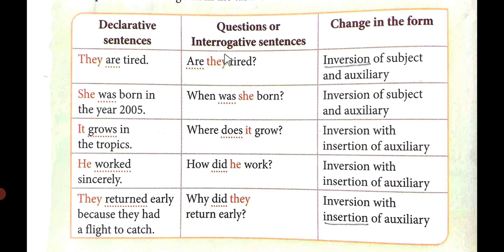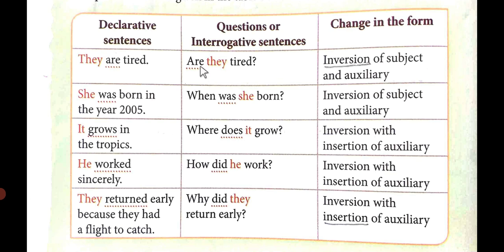Now change it into an interrogative sentence, are they tired? Ends with the question mark. And now change in the form, inversion of subject and auxiliary. As I am telling you, an interrogative sentence is formed by putting an auxiliary verb before the noun.